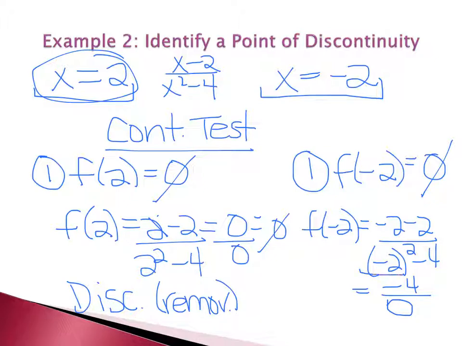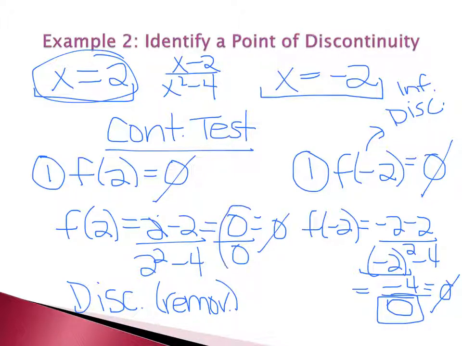Because -2 squared is +4, and 4 minus 4 is 0, which, dividing by 0, means that it's undefined. So the function is discontinuous at -2, and that is going to be what's called an infinite discontinuity because we were dividing by 0 here. Here, this was not an infinite discontinuity, only because we had 0 on top and on bottom. Here, we have 0 just on bottom, and we can't divide by 0, which creates an infinite discontinuity.